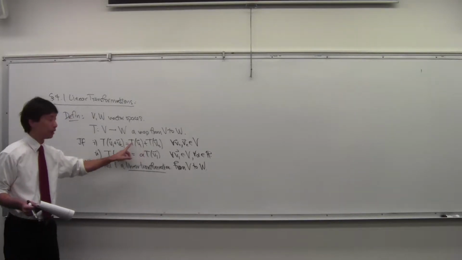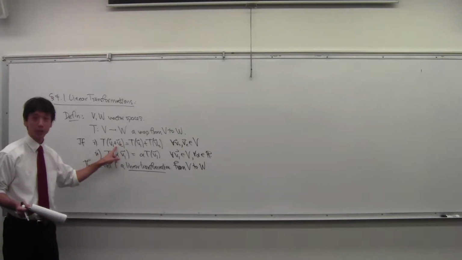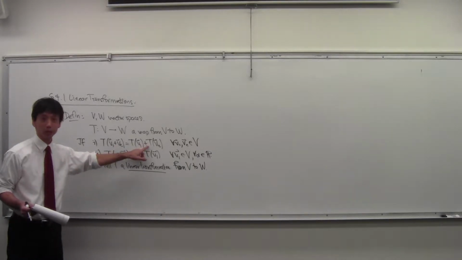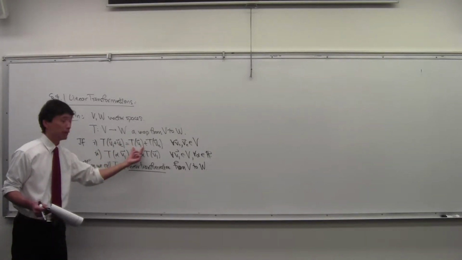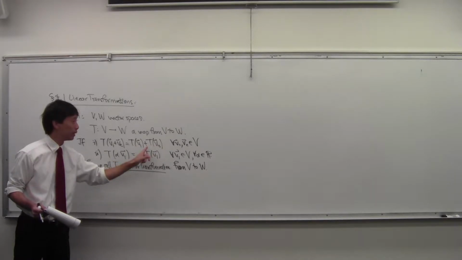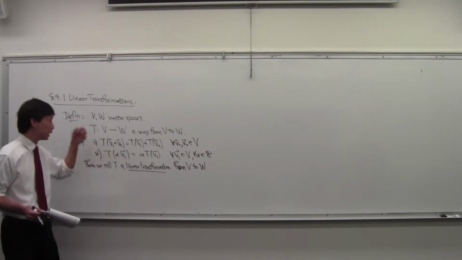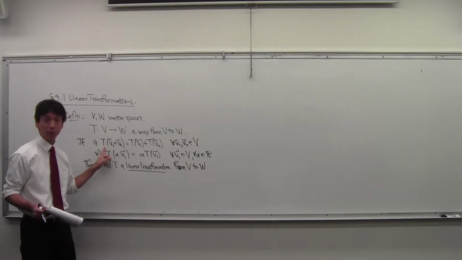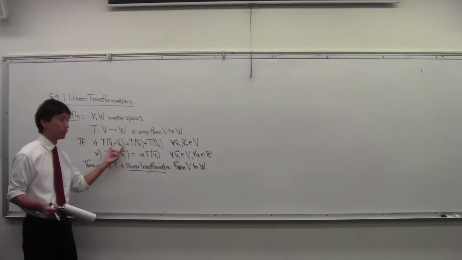This addition is addition in V. This addition is the addition in W, because here we're adding two vectors in V, but TV1 is in W, TV2 is in W. This is a different addition from this addition. What this is saying is that the map has to interact well with the addition. It preserves the addition.